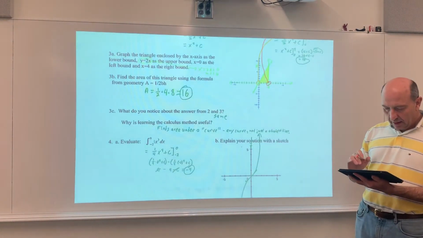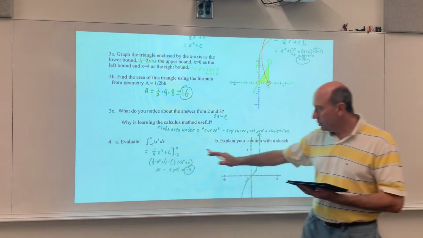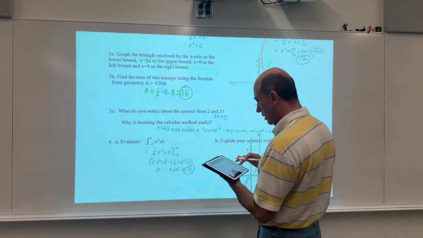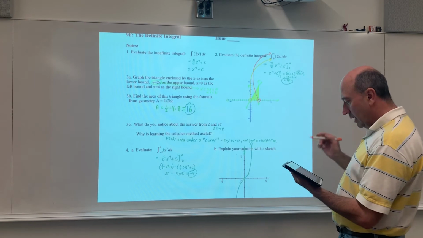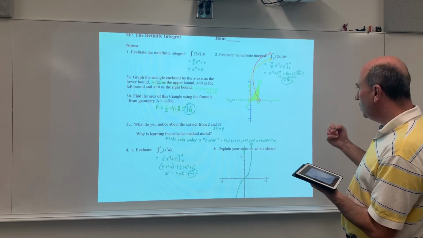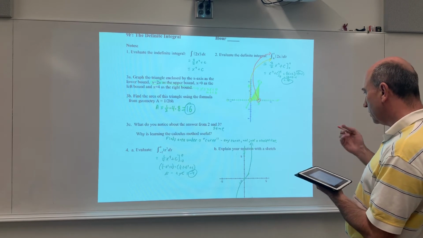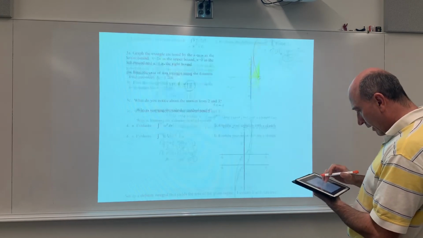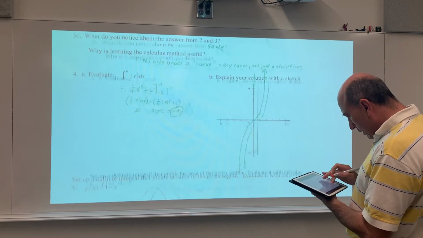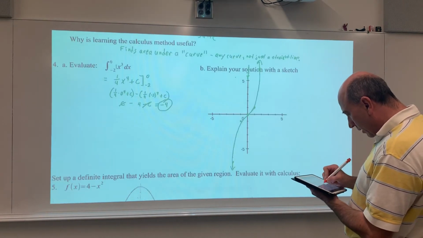Okay. Now, my bounds are from -2 to 0. -2 is smaller, 0 is larger. So from -2, that's smaller, that's here.